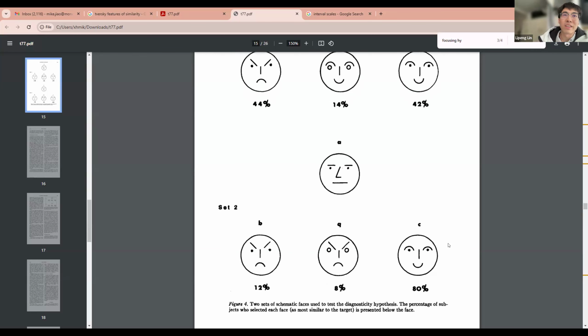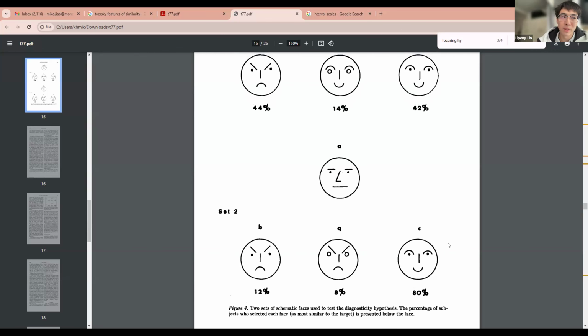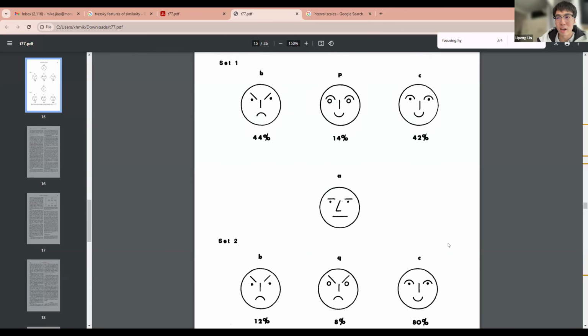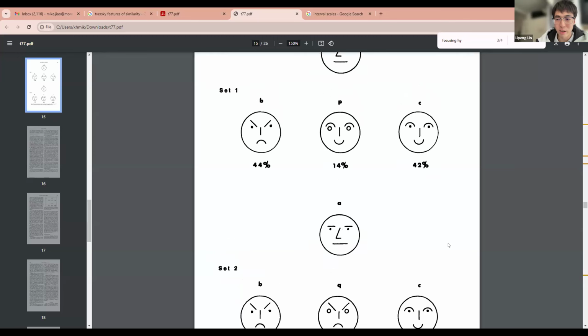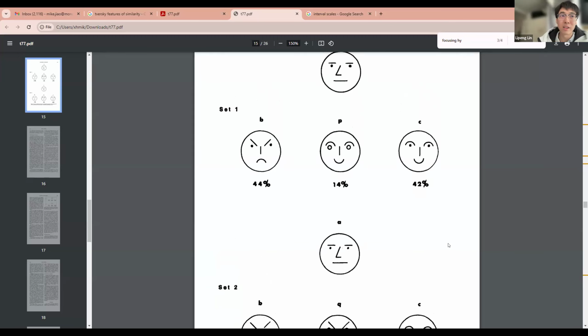And when we go back to phenomenal qualia and conceptual qualia, I think a collection of features is also not very obvious to participants in terms of phenomenal qualia.